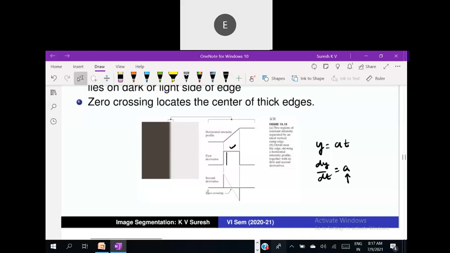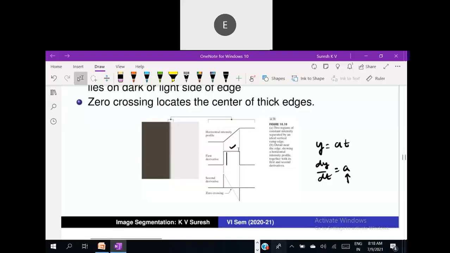Then suppose I further differentiate this, definitely you know the differentiation of a constant is 0. Therefore, in this portion it is 0. And whenever you have a step edge like this, that means a sudden rise, the second derivative will pass it as it is to the output. So I'll get a positive spike here, going from 0 to maximum.